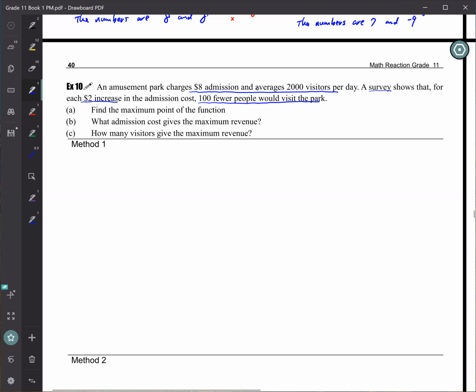Okay, does anyone know what revenue means? Revenue. How do we calculate the revenue when you are selling tickets? Anyone? Marcus, what do you think? Have you heard of the word revenue? I don't know, like how much you make.